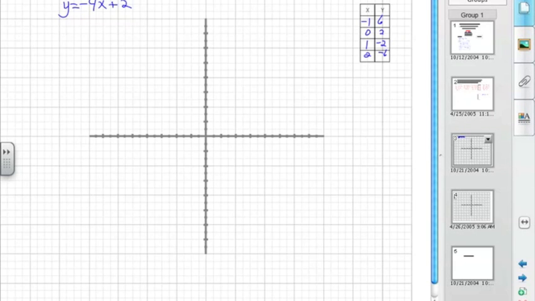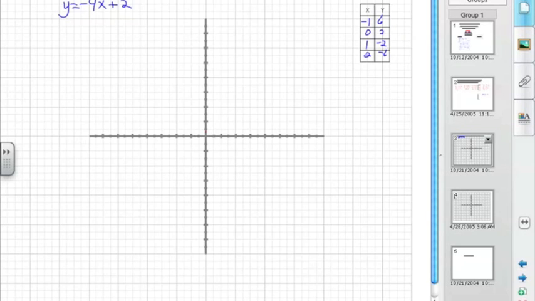So, for the equation y equals negative 4x plus 2, we have our table of values from the previous slide, where x is negative 1, y is 6, x is 0, y is 2, x is 1, y is negative 2, and when x is 2, y is negative 6. We're going to take these four values and put them onto the graph. So the first coordinate is going to be at negative 1, 6.